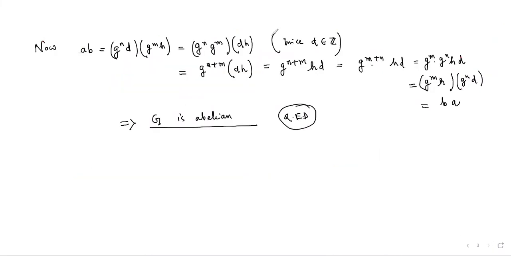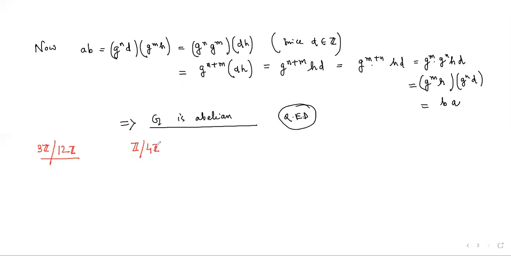Now, probably you are thinking, what sort of result is this? Just a few minutes ago, in the previous session, we formed groups like 3Z/12Z. I also asked you to form a group like Z/4Z.